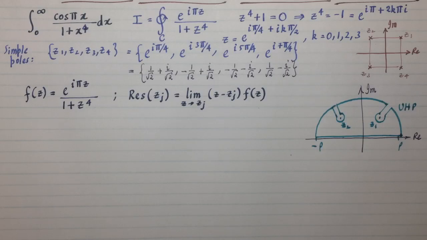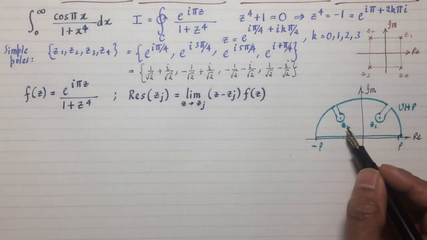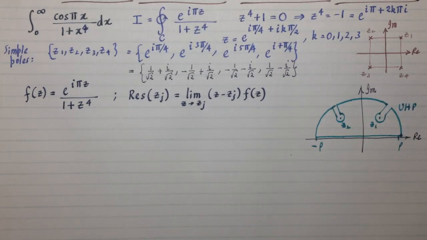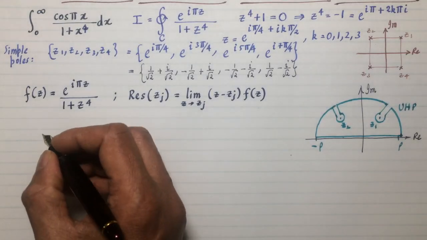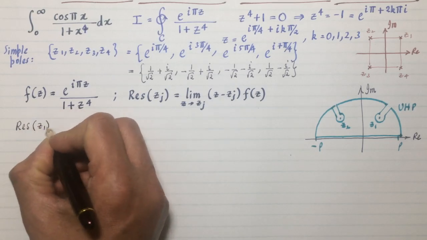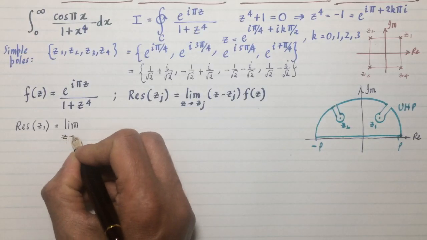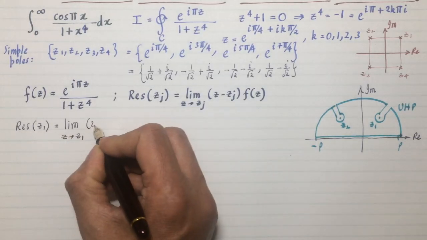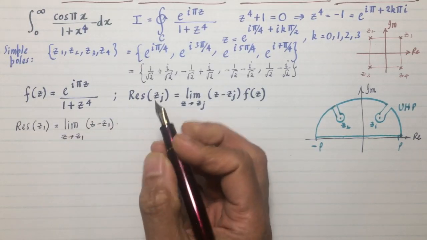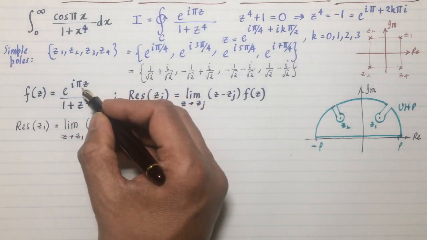So we have to find the residue of this at this value and at that value. Let me just show you how to find the residue at value z1, and z2 can be extrapolated from that. So it's the limit as z goes to z1 of (z minus z1) times f of z. Well, f of z has got all this.